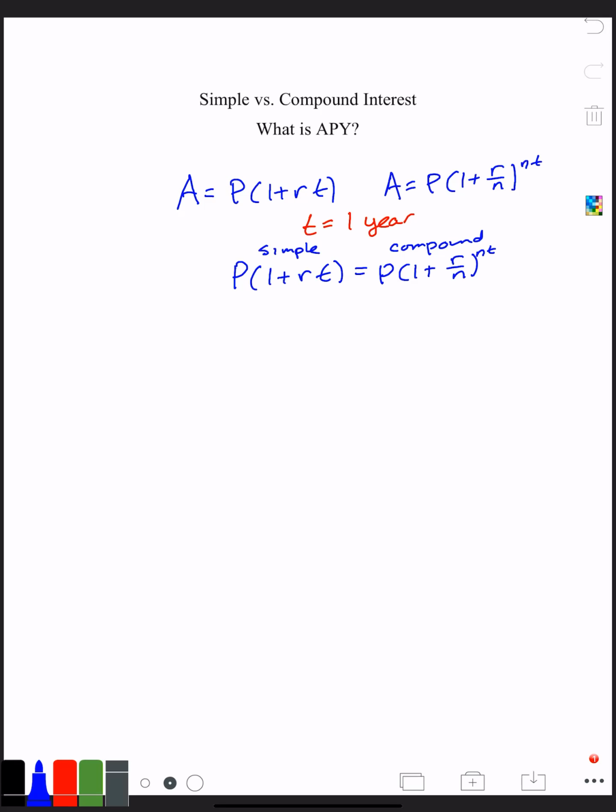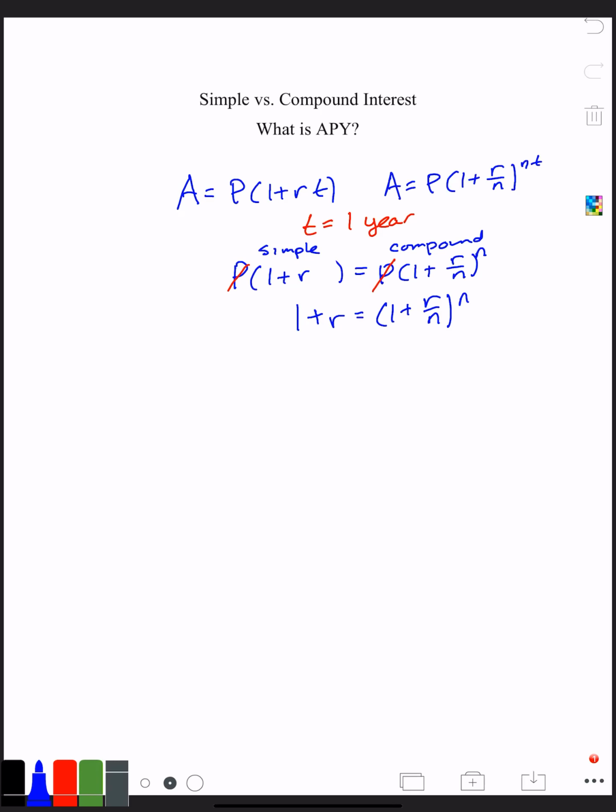Again, I'm going to plug in my t equals 1, so that's just going to go away. Now that we've got our formulas, notice something else happens. Our P is going to cancel out, and we get the following: 1 plus r equals 1 plus r over n to the n.